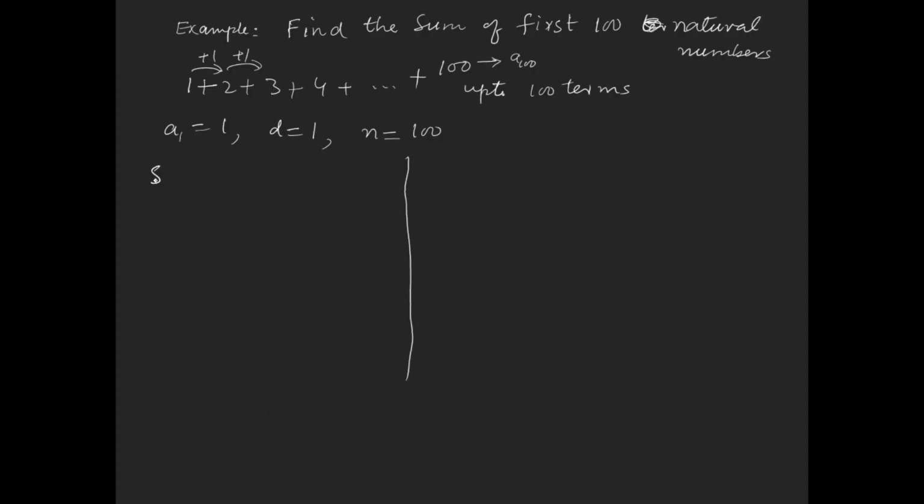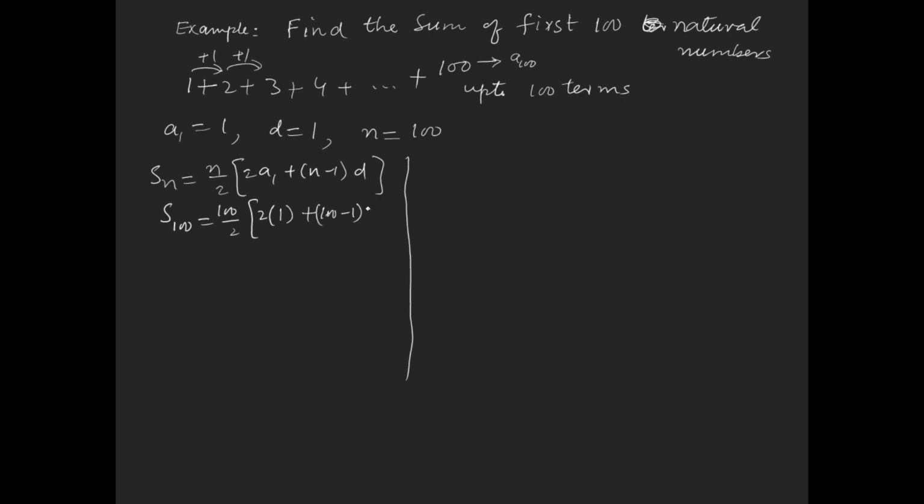Now Sn is equal to n divided by 2, 2a1 plus n minus 1 multiply d, and n is 100, so 100 divided by 2, 2 multiply first term. What is the first term? This one, and n minus 1, so 100 minus 1 into d.